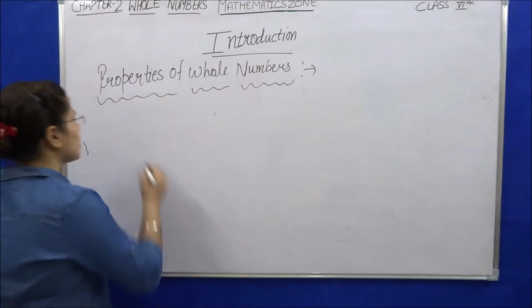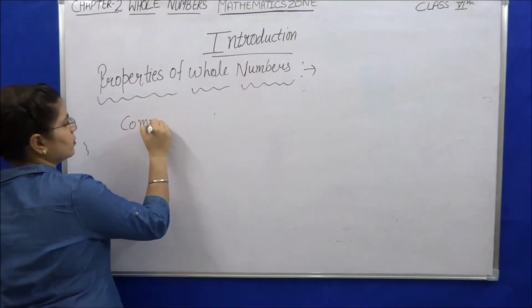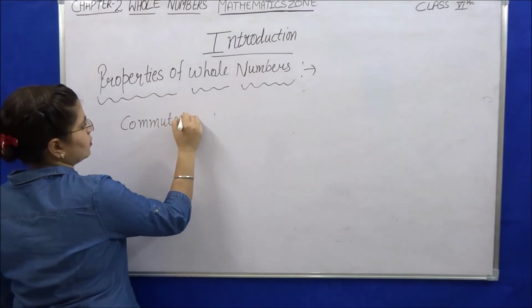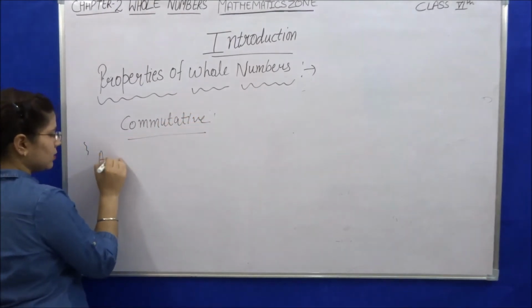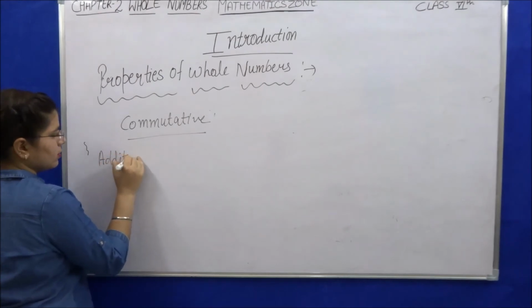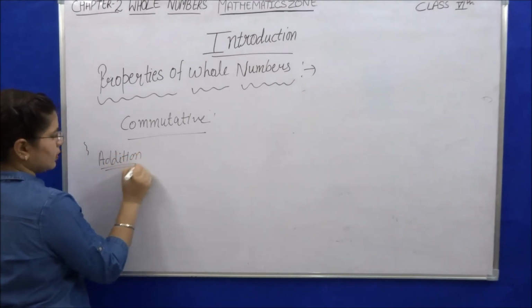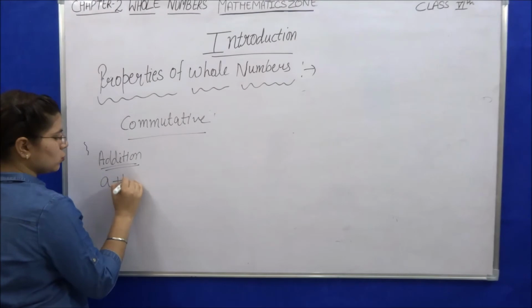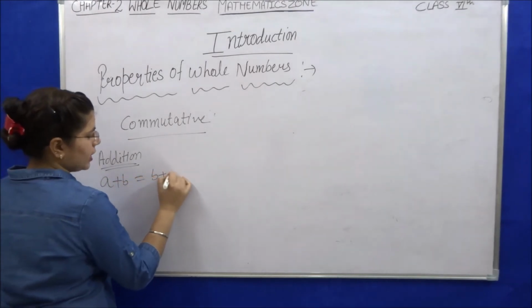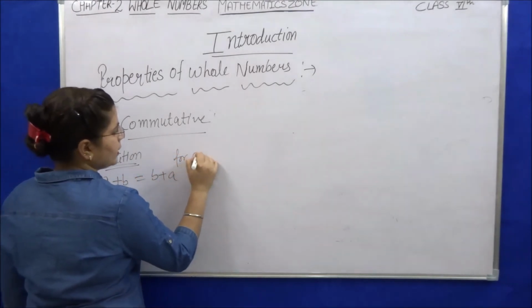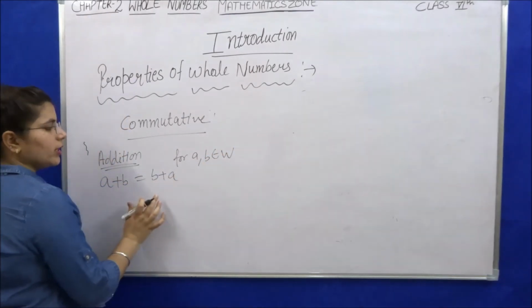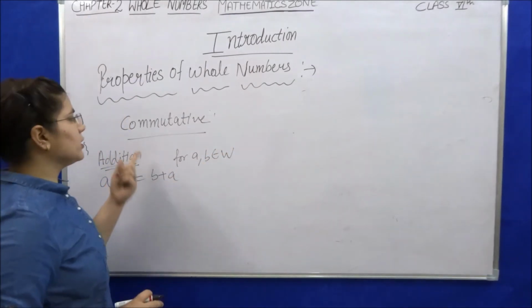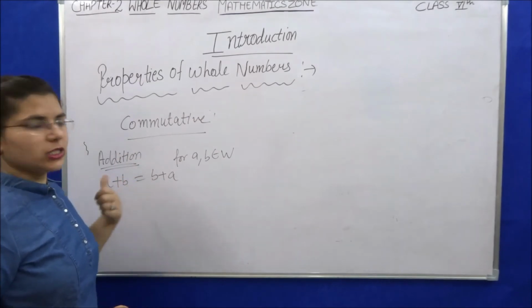Next property is commutative. Under addition, A plus B should be equal to B plus A for A and B belonging to whole numbers. Only in that condition does commutativity hold in addition.